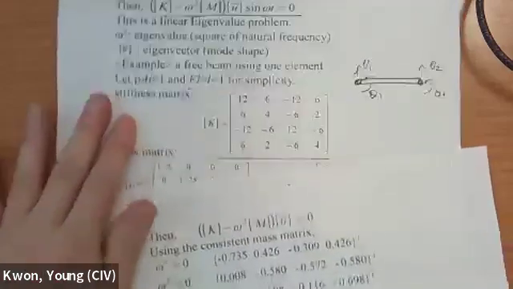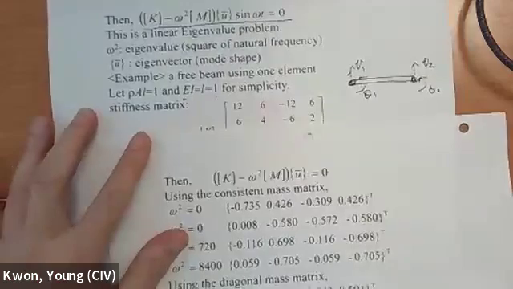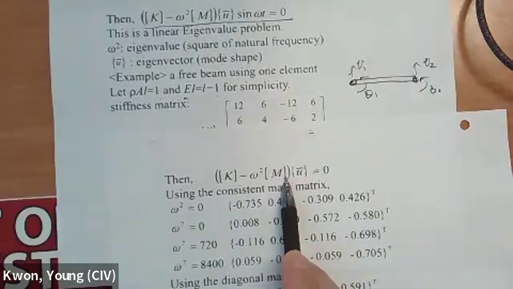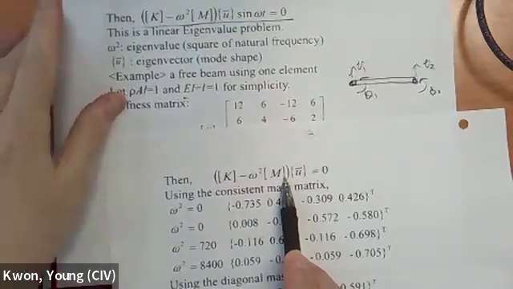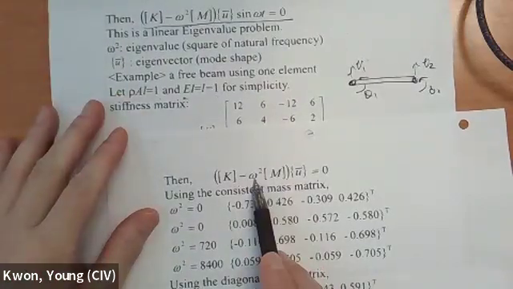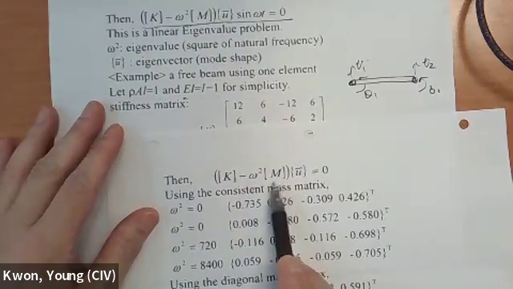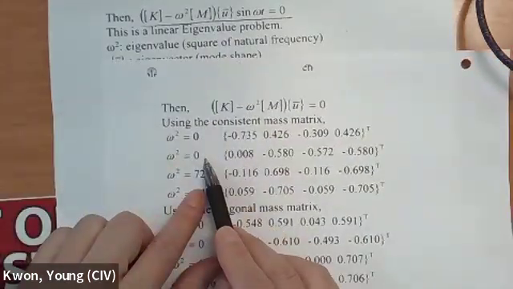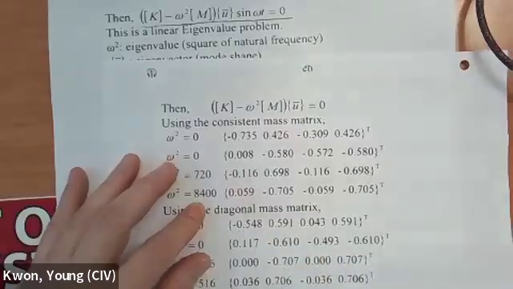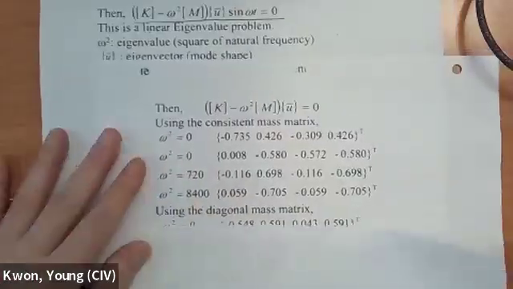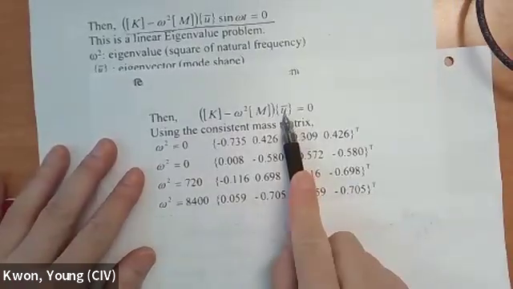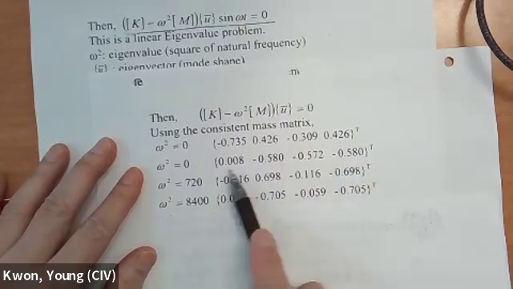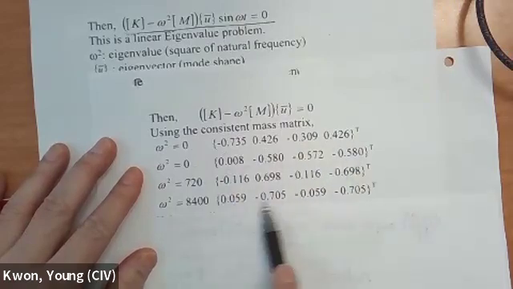The determinant of the matrix equals 0, and we found the eigenvalues and eigenvectors. For eigenvalues, we have 2 zero eigenvalues and 2 non-zero eigenvalues. So total 4, because there are 4 degrees of freedom, 2 zero, 2 non-zero, and the corresponding eigenvectors.